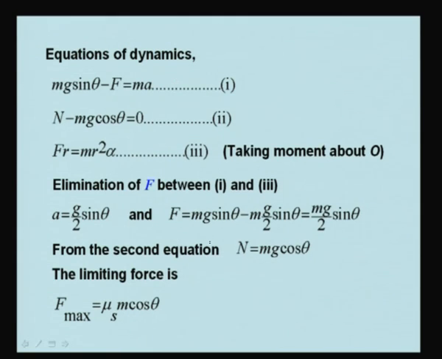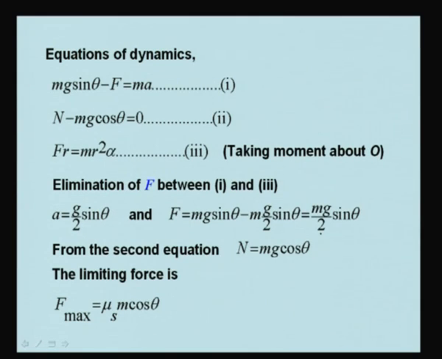Eliminating f and putting this in, we obtain A is equal to g by 2 sin theta, and f will be equal to mg sin theta minus m g by 2 sin theta, that means mg by 2 sin theta. Now from the second equation we get N is equal to mg cos theta.